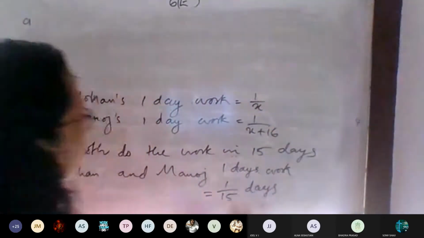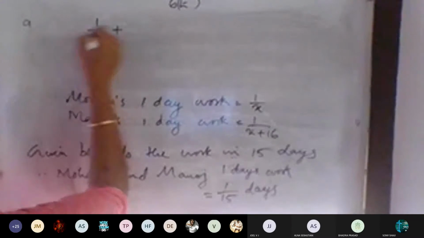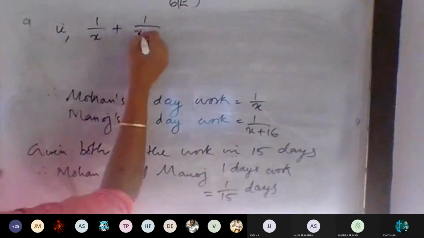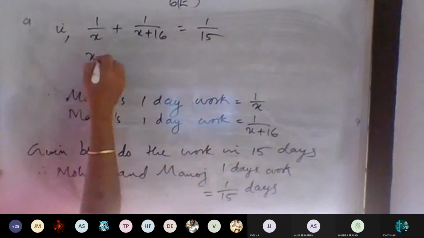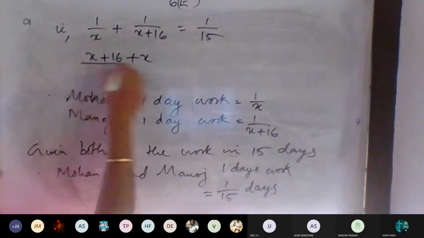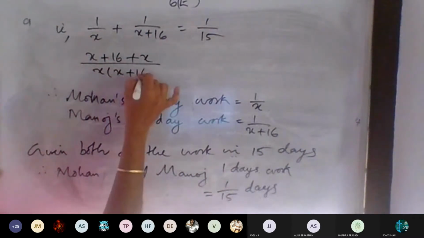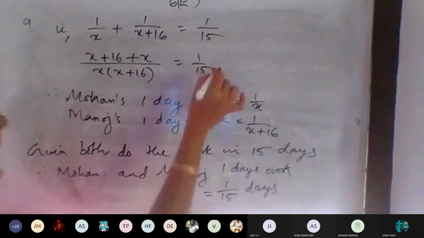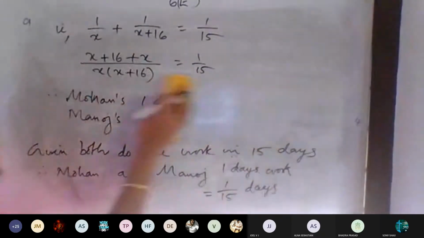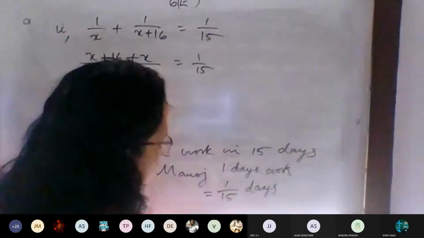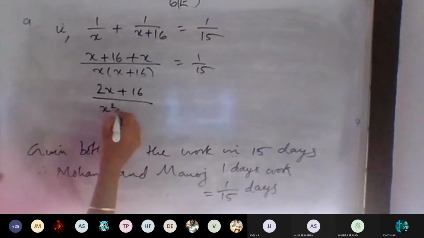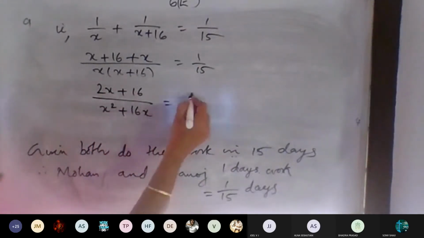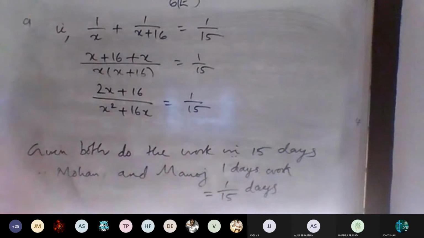Taking the LCM: 1 by x plus 1 by x plus 16 is equal to 1 by 15. Then x plus 16 plus x divided by x into x plus 16 is equal to 1 by 15. So 2x plus 16 divided by x square plus 16x is equal to 1 by 15.